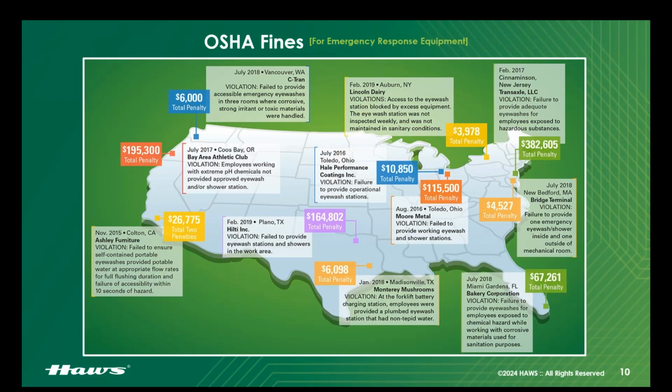So with that, just to give you a quick idea of the array of different fines that you can see from non-compliance with 29 CFR and ANSI Z358.1, right? Because what OSHA is saying is, you have to comply with our standard 29 CFR 1910.151(c), but to do that, look at ANSI Z358.1.